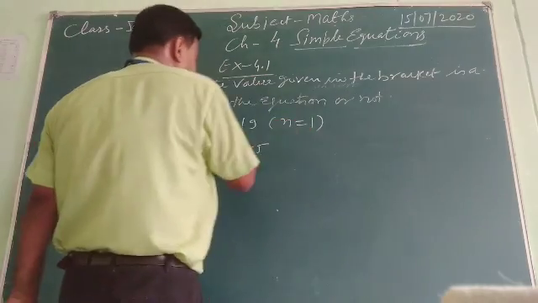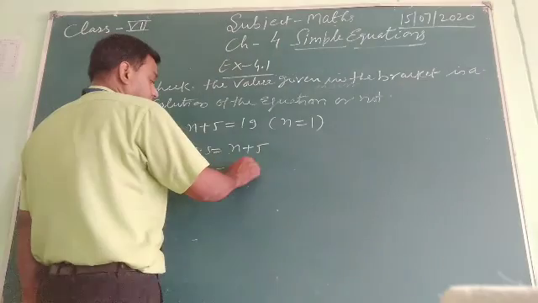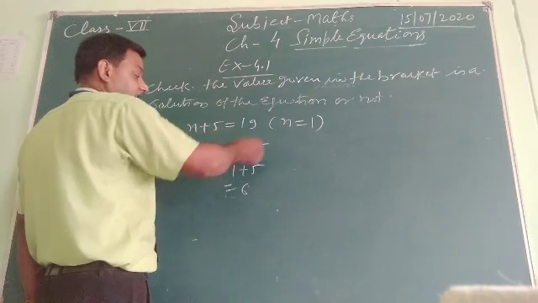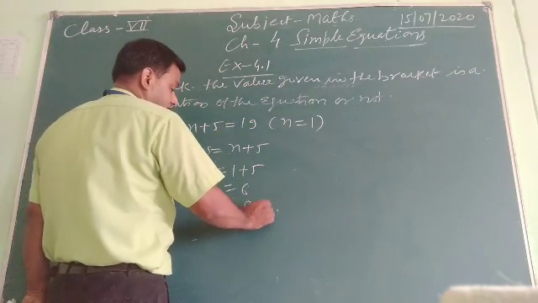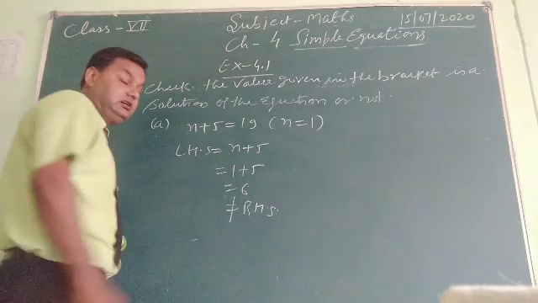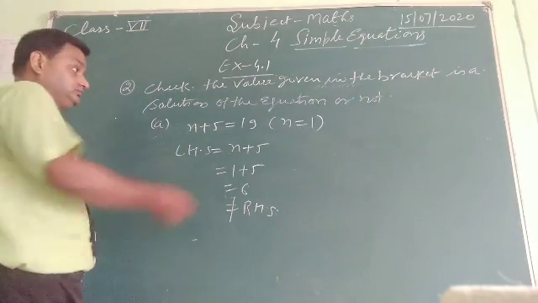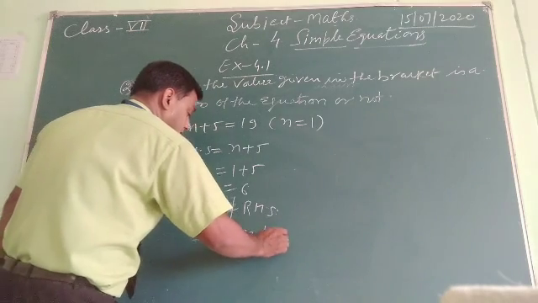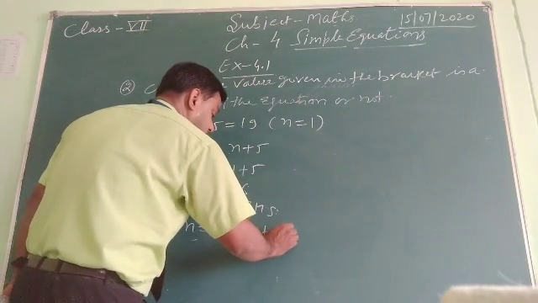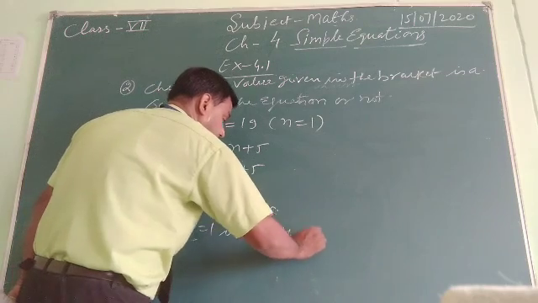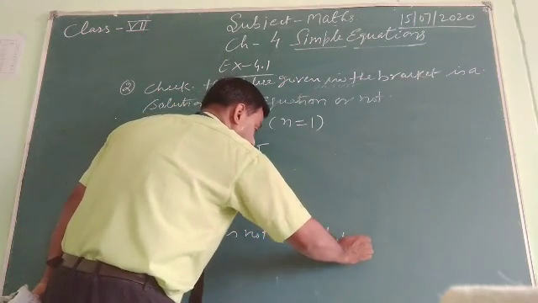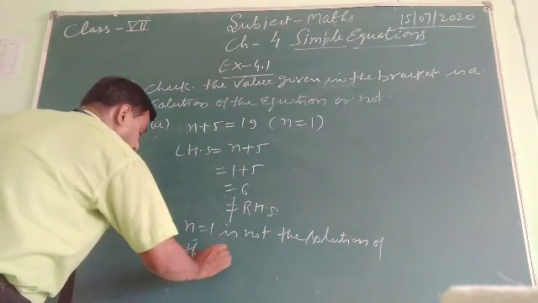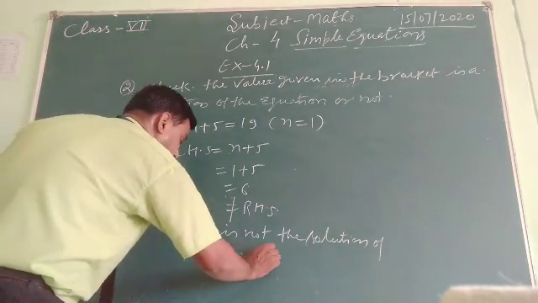Put n equal to 1 in the LHS. 1 plus 5 equal to 6. But RHS is 19. LHS is not equal to RHS. So n equal to 1 is not the solution of the given equation.